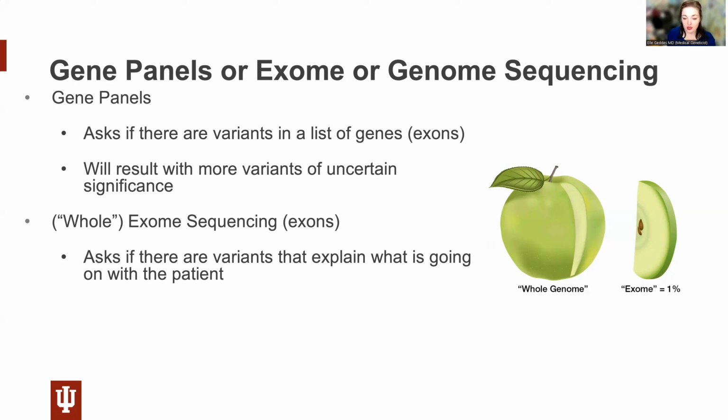So we get a fairly good picture of what is going on. And as this little graphic shows, when we're talking about the exome or the exons, the sort of meat of the genes, it's only 1% of our whole library or whole genome. And that is the part of the library, the exome, that we understand the most, even though we still don't understand most of it.